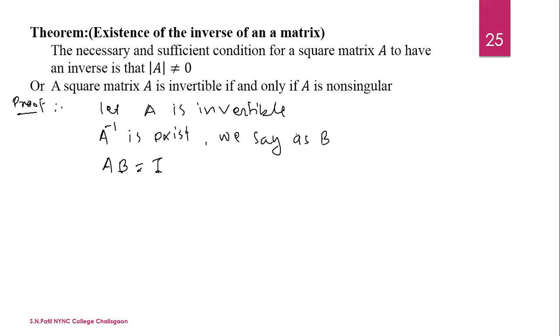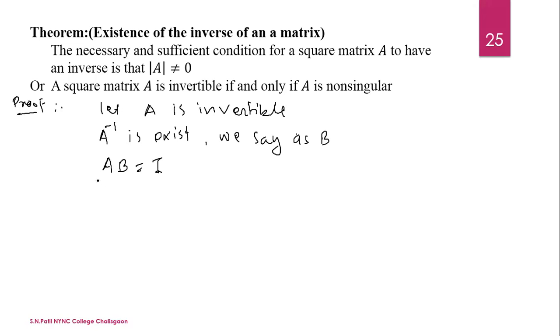It means, the B we just discussed in the definition: A is a square matrix, there exists B such that if the product is identity matrix, then B is the inverse, and we denote this inverse as A raised to minus 1. So if A inverse exists, then we write the relation A into B is equal to identity matrix, B is the inverse.